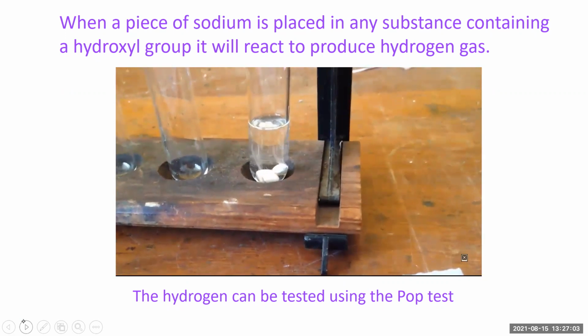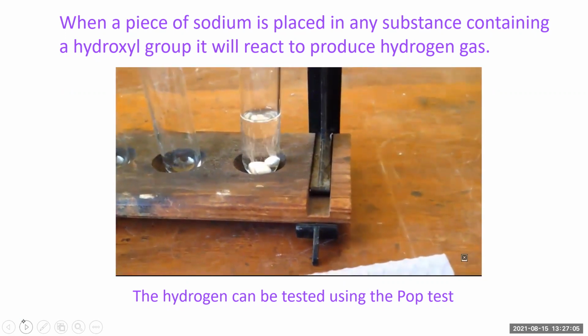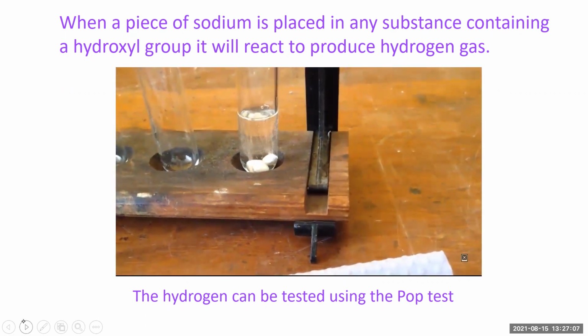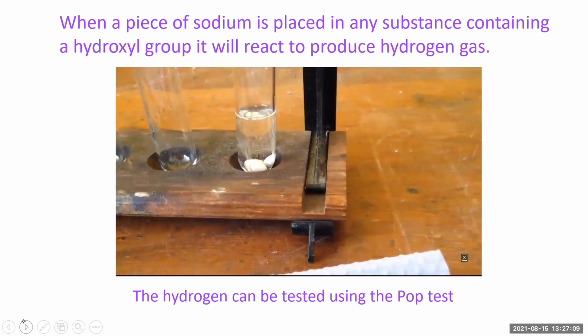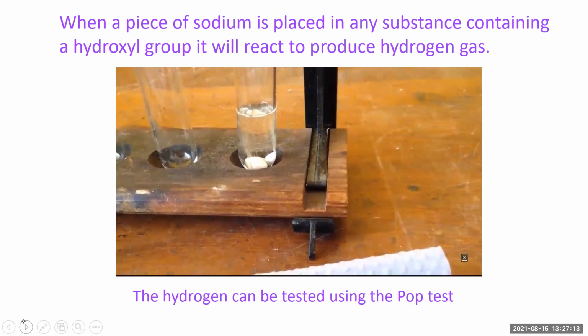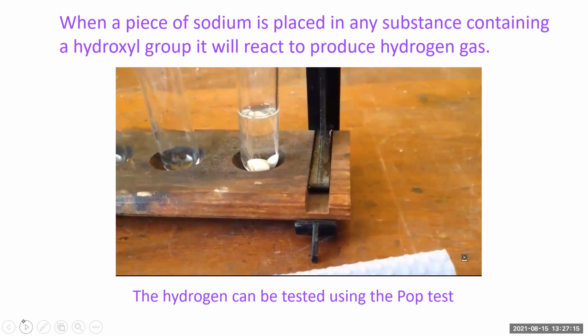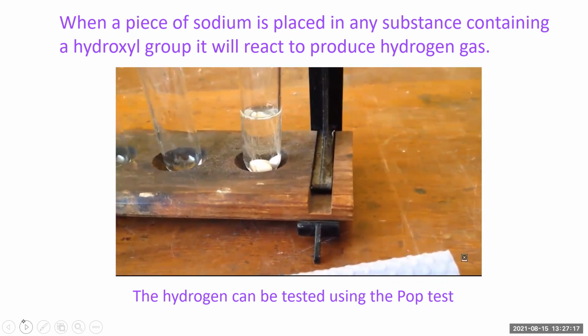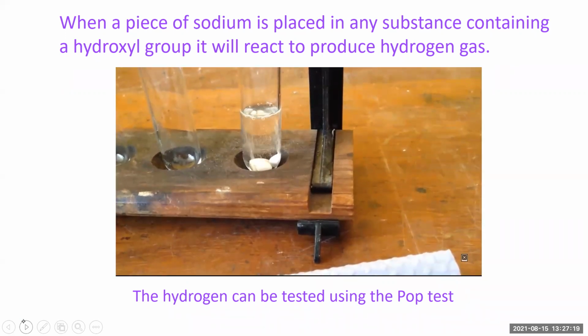This is very similar to the reaction that occurs when you put sodium in water. Now I want you to note here that the sodium is more dense than the ethanol. The sodium is actually sinking to the bottom of the test tube, showing that it has a greater density. That's very different to sodium and water.